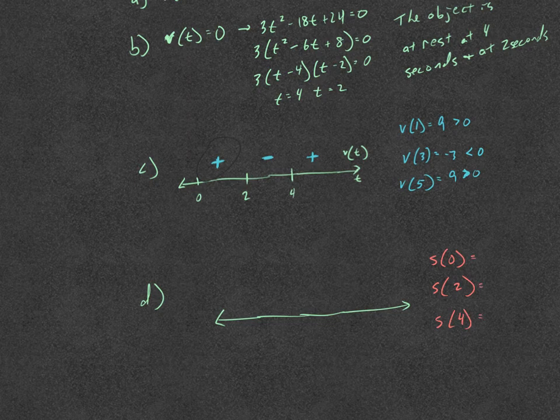But at 0 seconds, the object is at 4 on the number line. At 2 seconds, it's at 24 on the number line. And at 4 seconds, it's back at 20 on my number line. So that tells me how I want to make my scale a little bit.